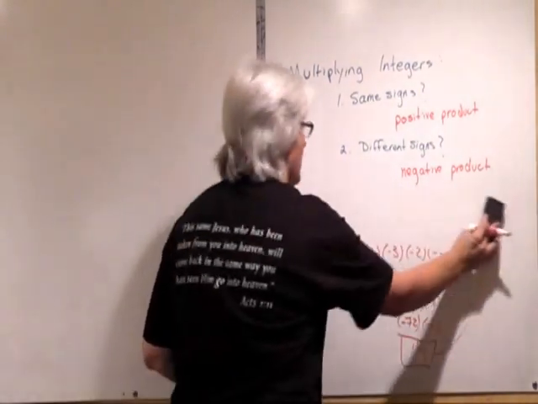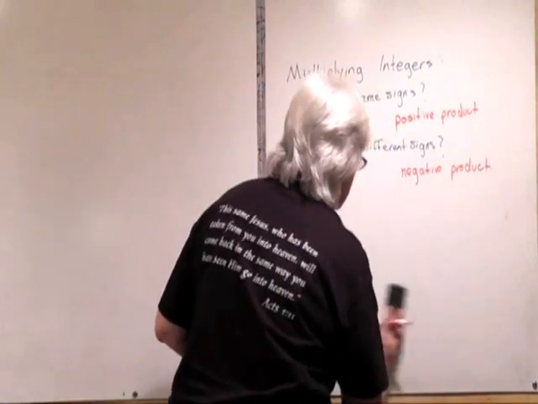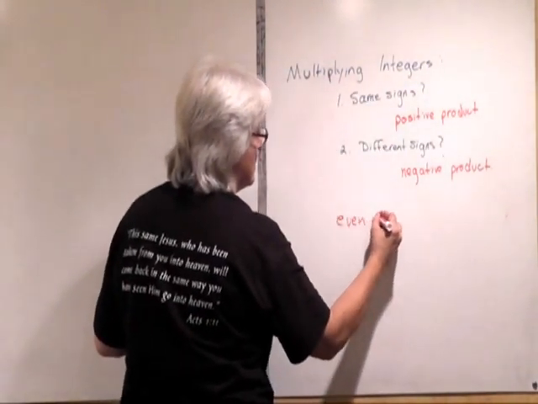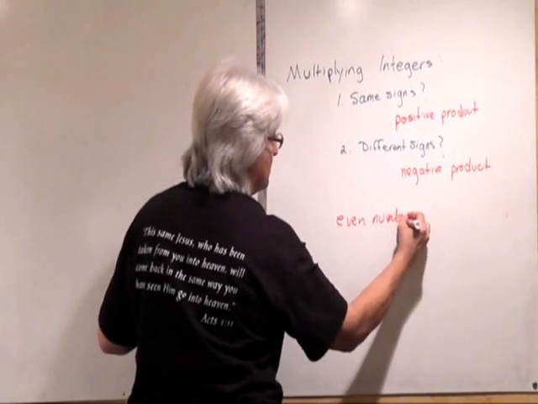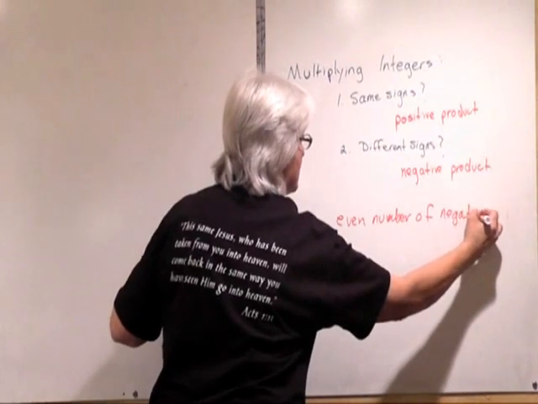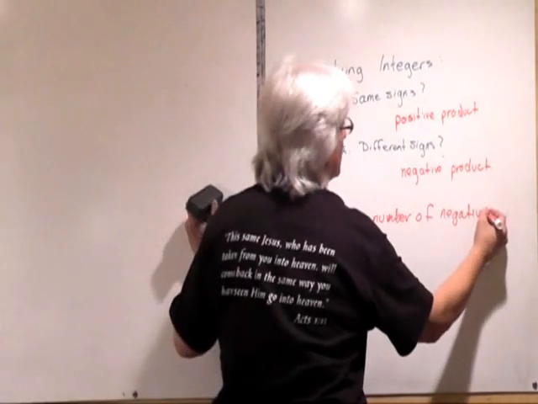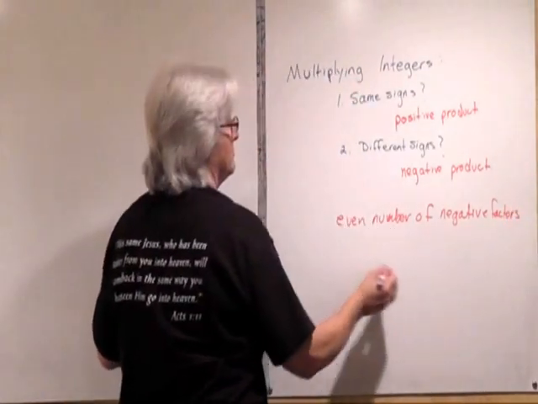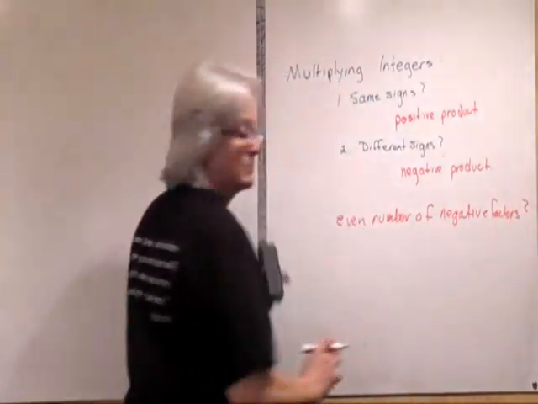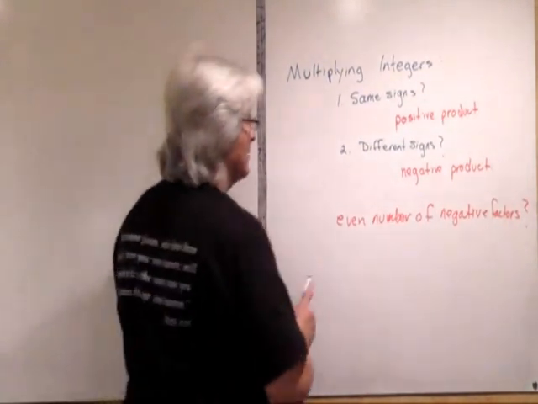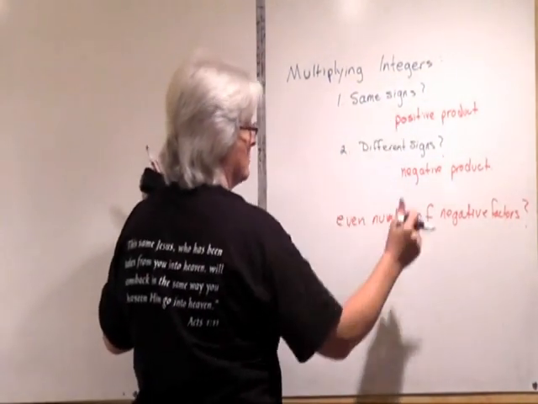So what I just illustrated to you is that if you have an even number of negative factors, your product will be positive. Because for every pair of negative factors, they have the same sign, so it becomes positive.